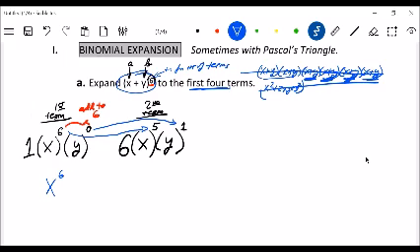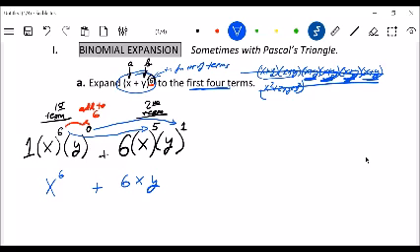So the A term always goes down 1 in each term for the exponent, and the B term always goes up 1. So we have 5 and 1, and that adds up to 6. So now for the second term, we have the 6, x to the 5th, and y to the 1st. We don't need the parentheses anymore. And there's no sign over here. That means it's plus. So it's x to the 6th plus 6xy.